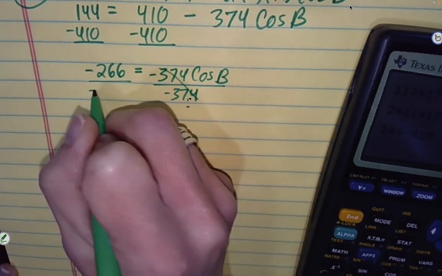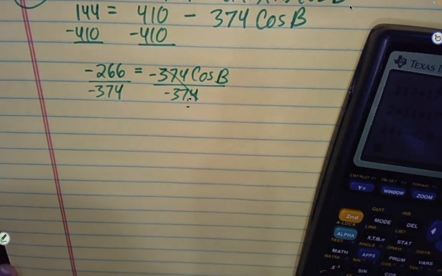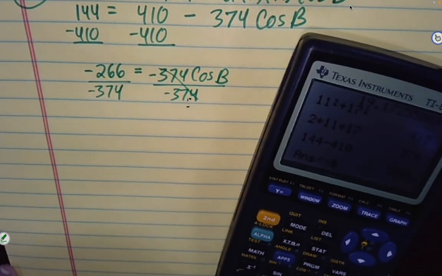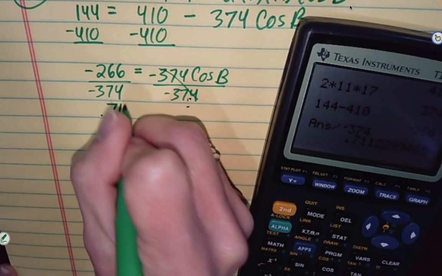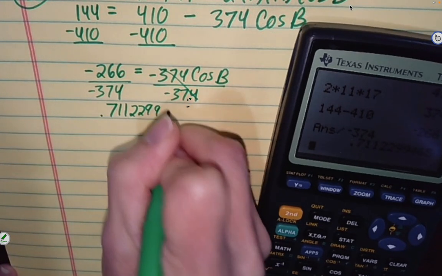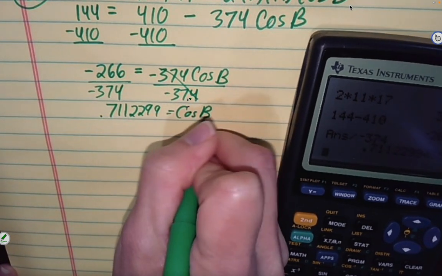I'm working my way slowly to get B by itself. Divide by negative 374. And I get 0.7, and we always get a decimal like this, equals the cosine of B.